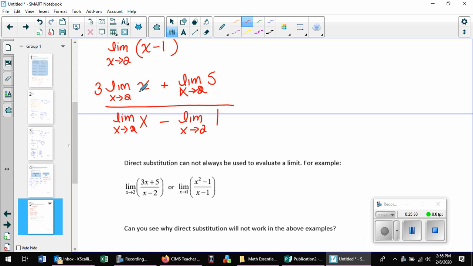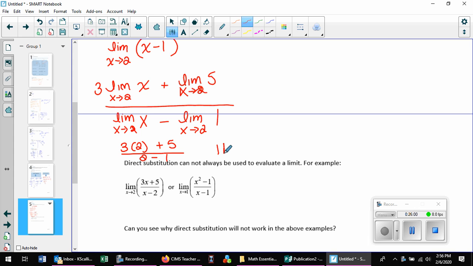Beautiful, yeah. Okay, so the idea of getting it down to a constant function or an identity function is that it's going to be quick, right? So we have 3 times 2 plus 5 over 2 minus 1. So 6 plus 5 is 11, 11 over 1 is 11.